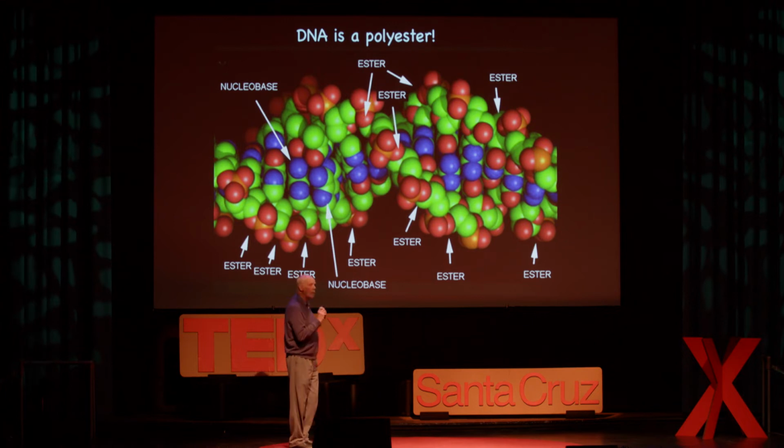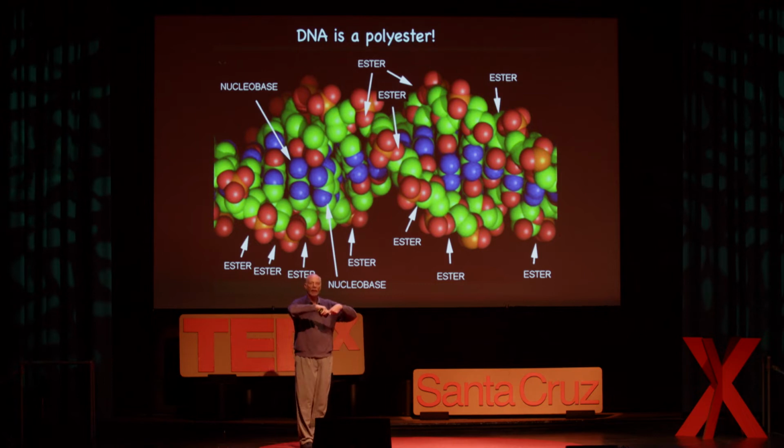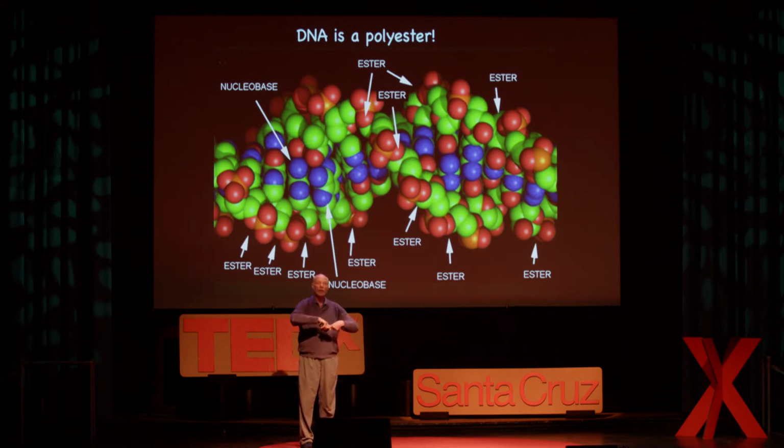So if I want to make DNA, all I have to do is to link together the phosphate, that's the yellow one there, the sort of orange color, and what is called a hydroxyl group on ribose or deoxyribose. And that's an ester bond, and that's what holds DNA together in our bodies.